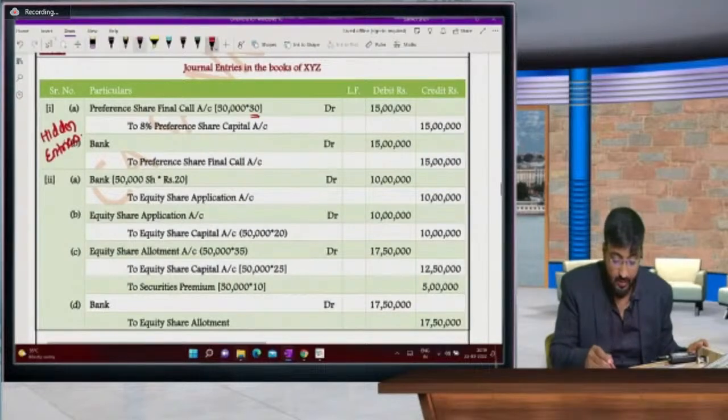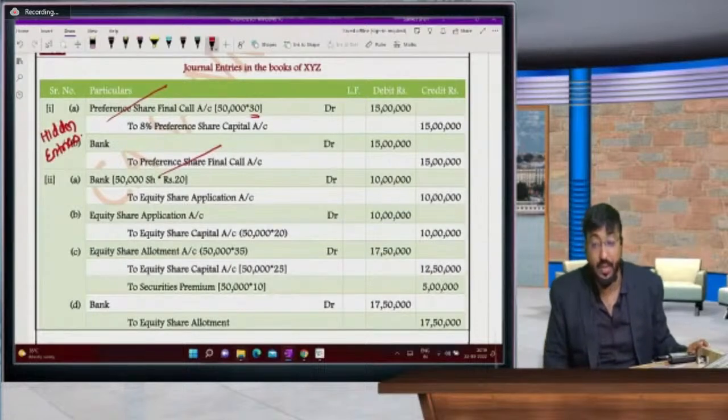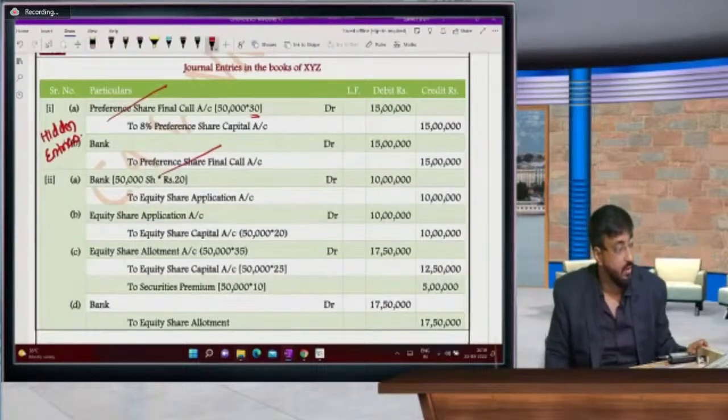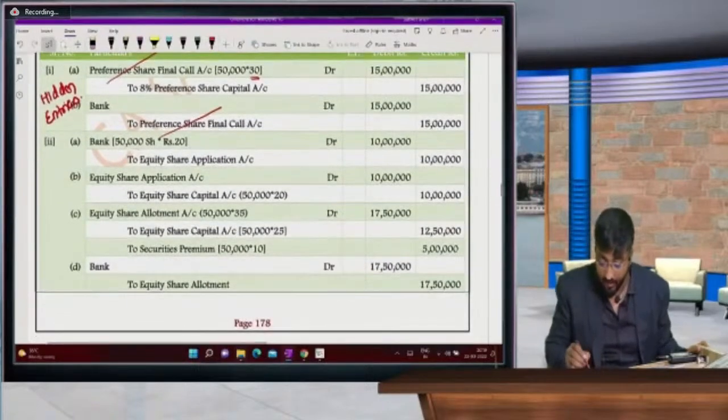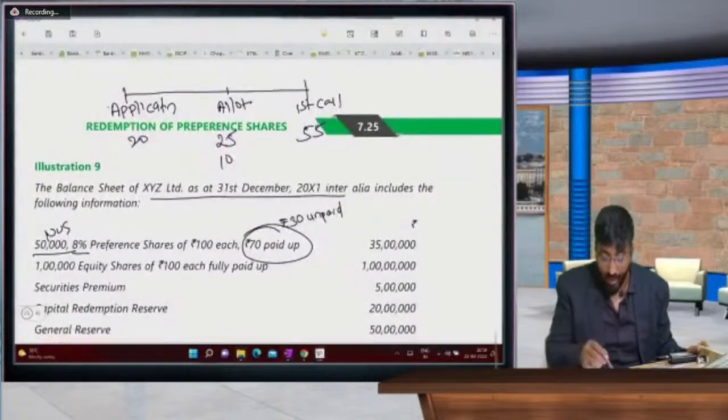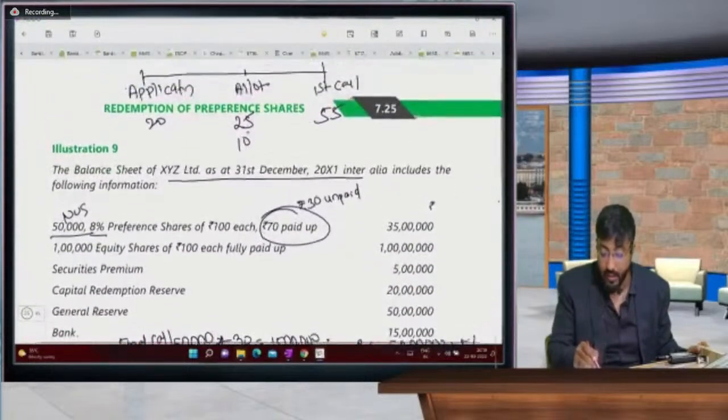So this is a temporary account. And bank account debit to preference share final call. So beta, final call is a temporary account. Okay, got this concept? Now next entry. Application 20, allotment 25 and 10.